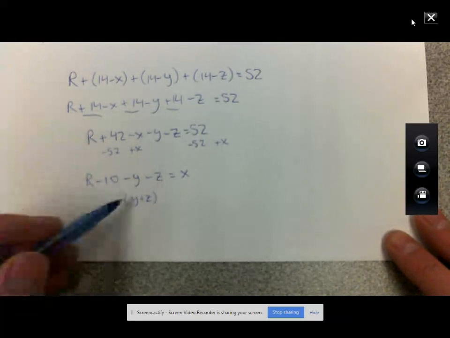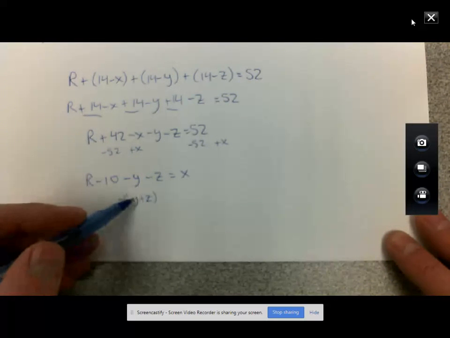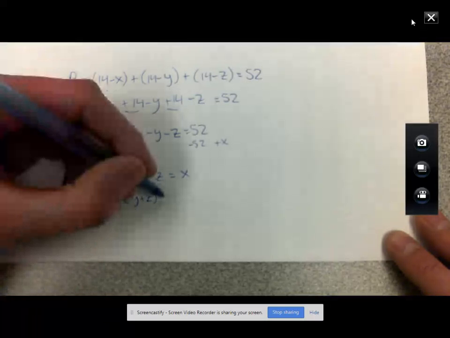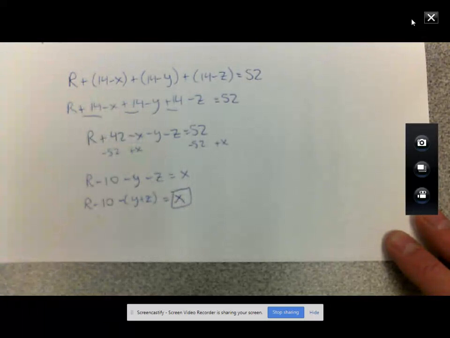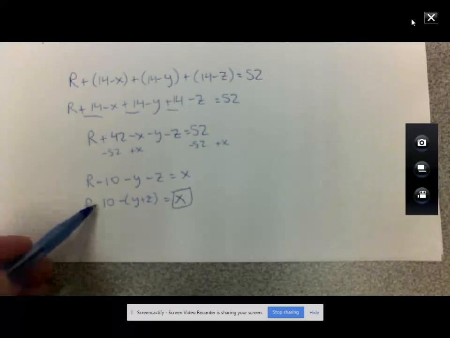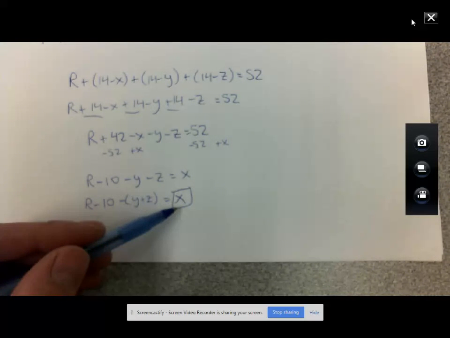You could even pretend that there's a parenthesis and distribute the negative through. If you add those 2 other piles together and you take that out, what you're left with is that number X. Now, I don't know how good a job I did of explaining this without having the cards and without running through the problem in front of me, but if you have that remaining pile and you take out 10 cards and then you take out the sum of 2 of the piles, you get the remaining pile.